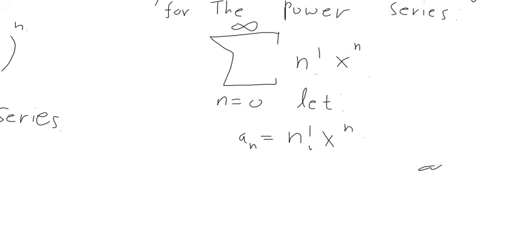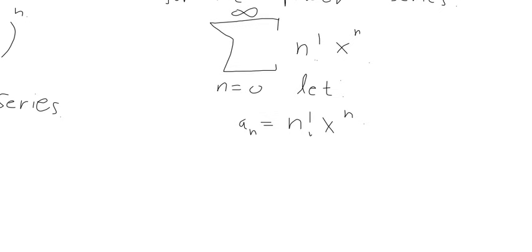That is my a subscript n. So it's just this whole thing here. In reality, what I'm saying is that this infinite series is over a subscript n. Now we have all this information.